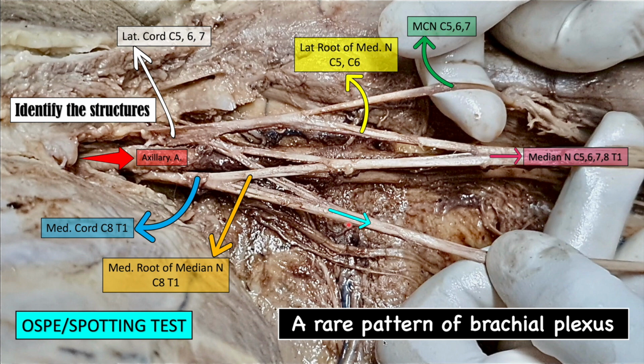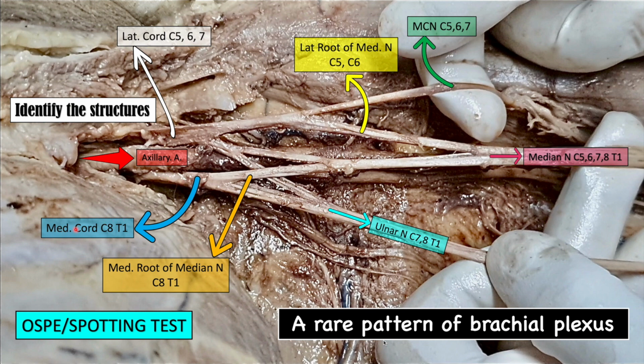Yes, so this one. Which structure is this? This one is the ulnar nerve with root numbers C7, C8, T1. So the ulnar nerve is getting C8, T1 from here.